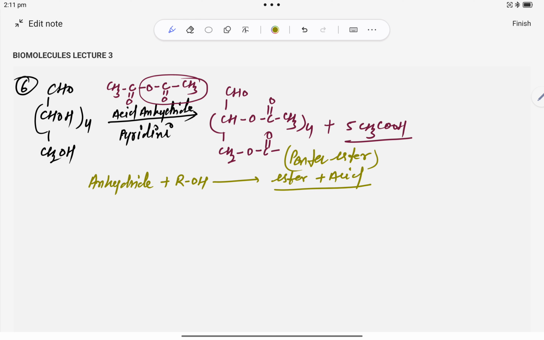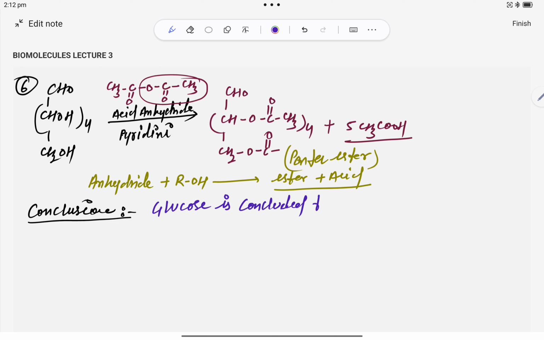So after all these 6 points, what can we conclude? Glucose is concluded to have five alcoholic groups. How did we conclude that?